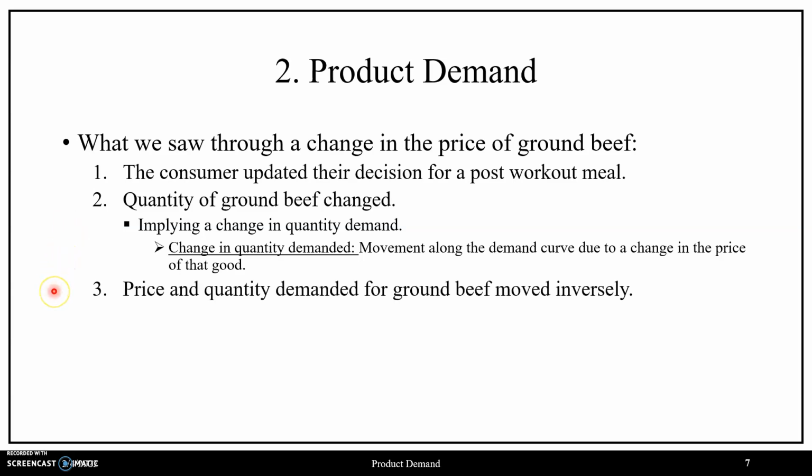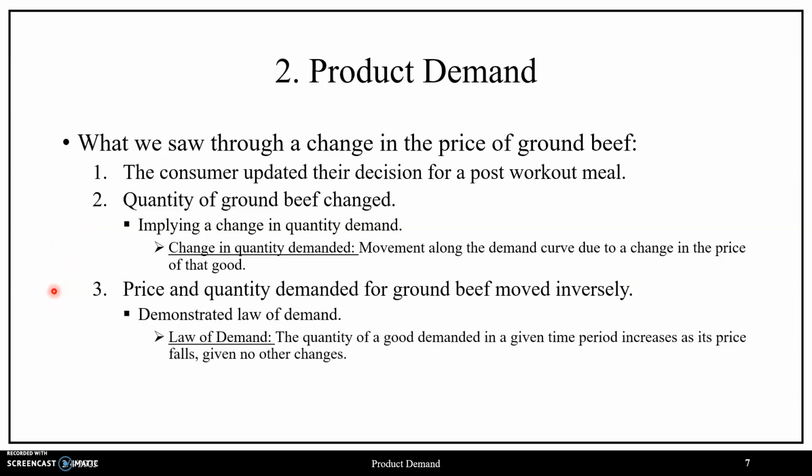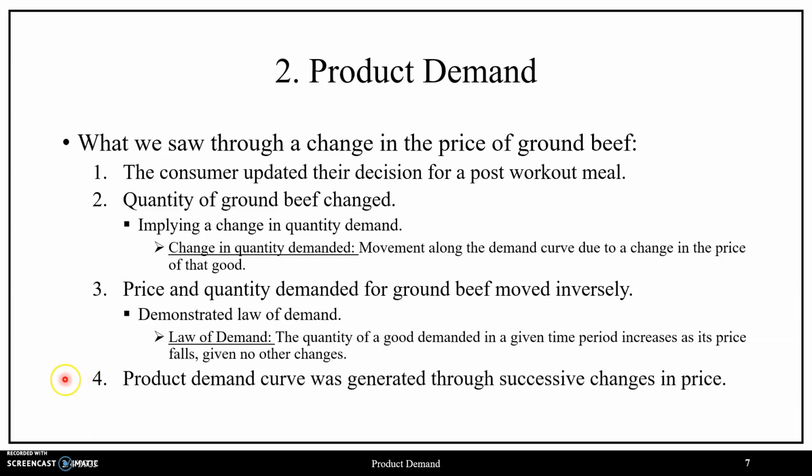But not only that, price and quantity demanded for ground beef moved inversely of one another, which demonstrated the law of demand. That is, the quantity of a good demanded in a given time period increases as its price falls, given no other changes. So then, we developed product demand through successive price changes as a result of this demonstration of the law of demand and changes in quantity demanded.